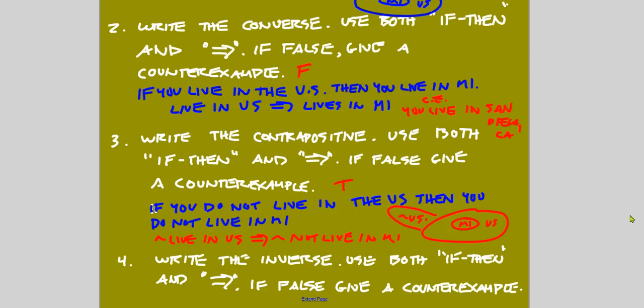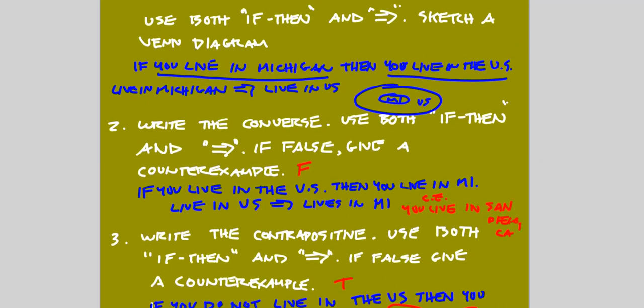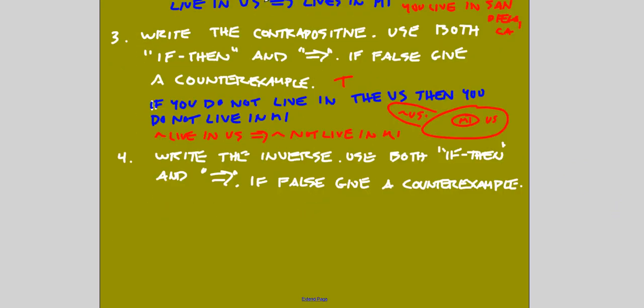And finally we go to the inverse. So write the inverse. Use both the if-then and the implies form. If false, give a counterexample. So our original hypothesis was, again, if you live in Michigan, then you live in the US. So the inverse would be if you do not live in Michigan, then you do not live in the US.